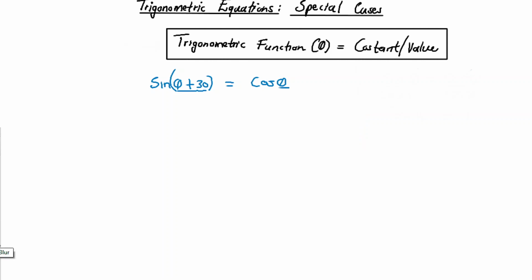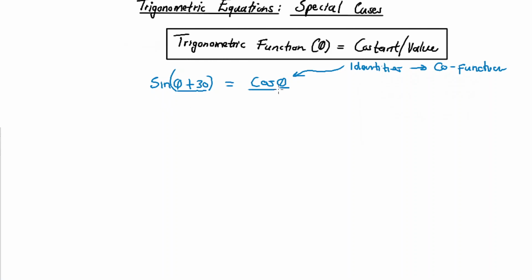But this is where we apply identities such as co-functions. We're going to apply the co-function identity, right? This is what we're going to do.